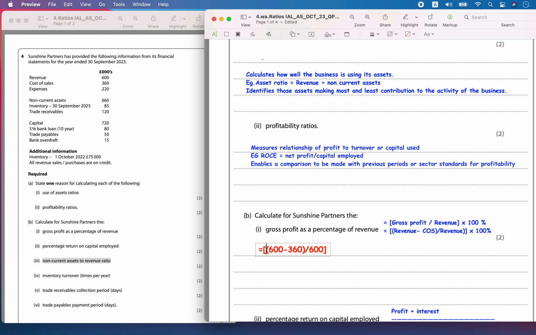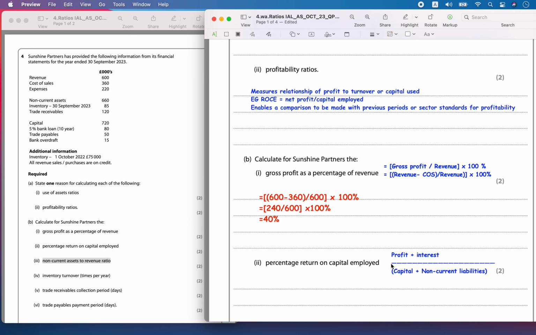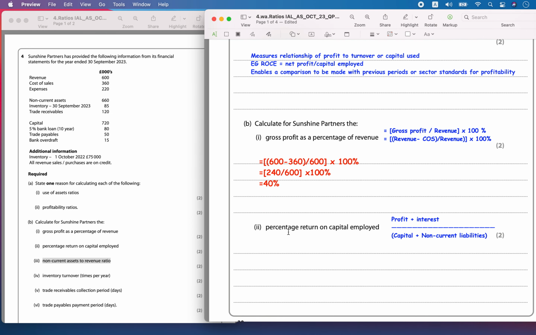This entire thing you have to multiply with 100, so that value is equal to 240 over 600 times 100, percentage, so that is equal to 40 percent. So this is the gross profit as a percentage of revenue.